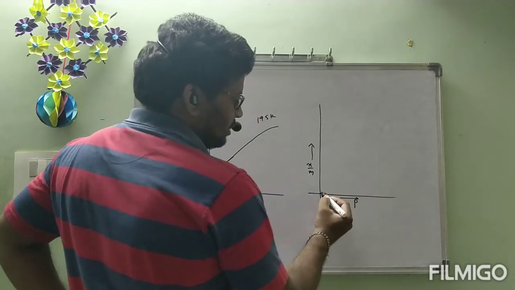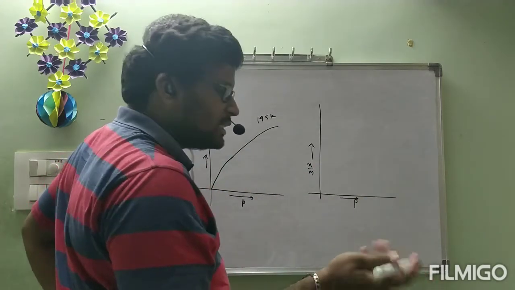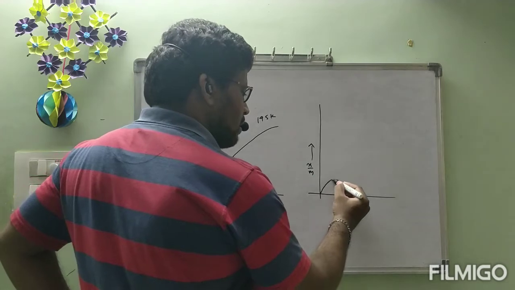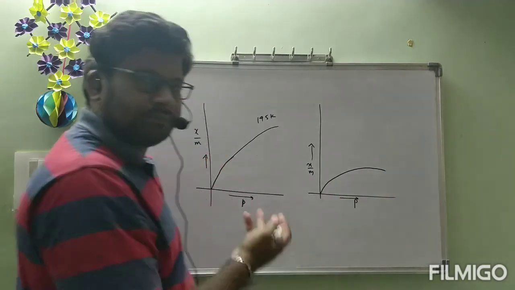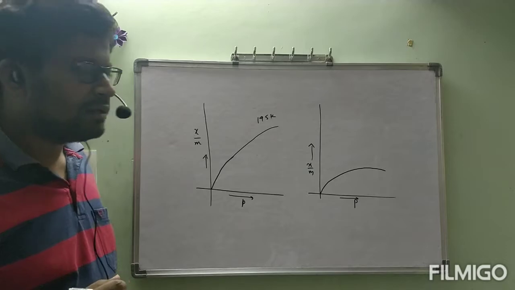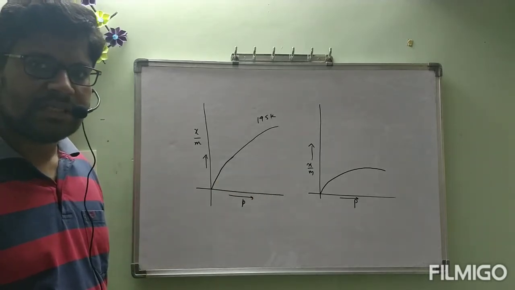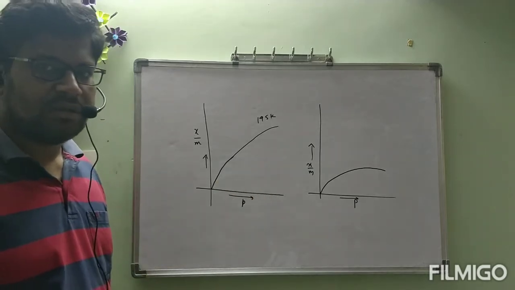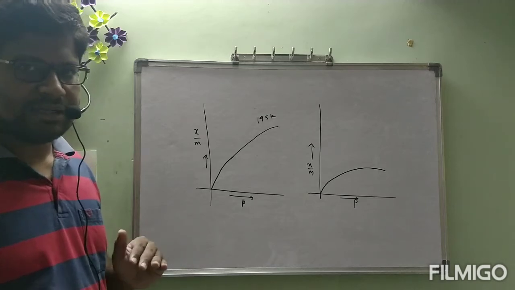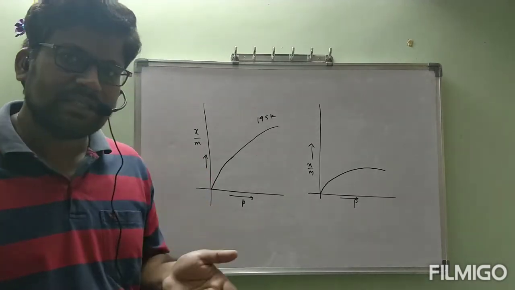Now, when we increase the pressure, what happens to physisorption? It increases only. But that increase is less when temperature increases. When pressure is increased, the amount of gas adsorbed will be increased.